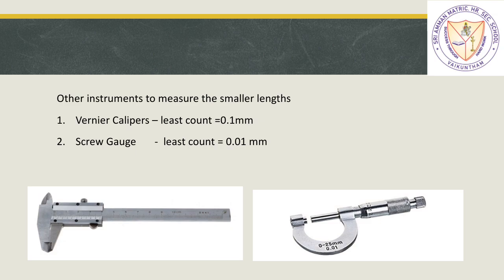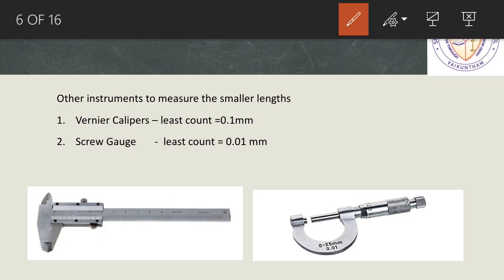And there is one more instrument called screw gauge, whose least count is 0.01 millimeter. That means you can measure lengths up to 0.01 millimeters. The first one is vernier calipers, and this one is screw gauge.